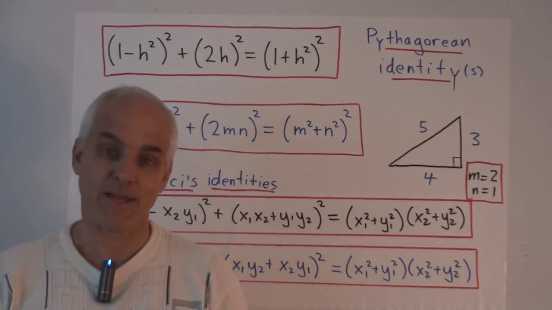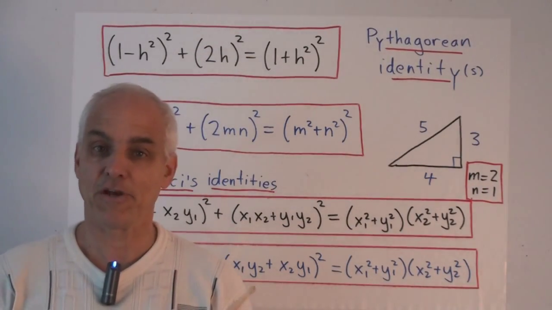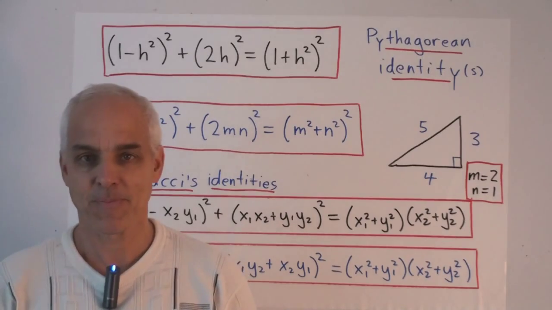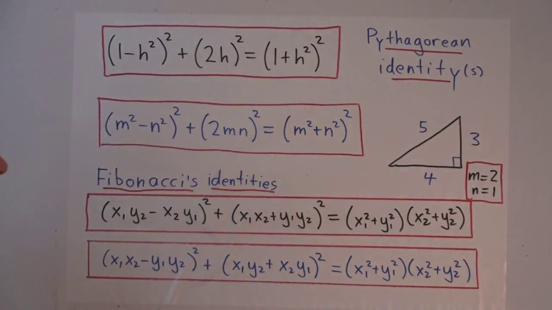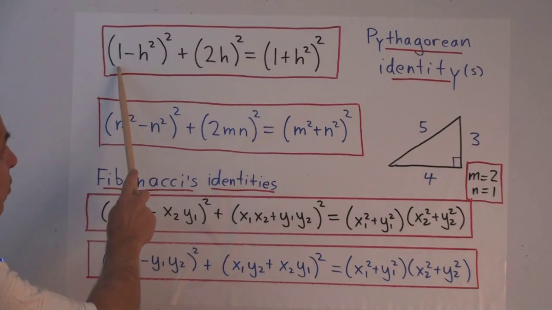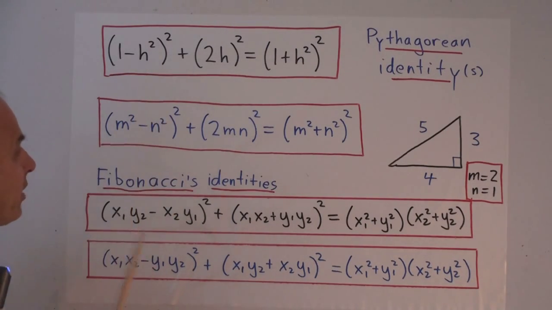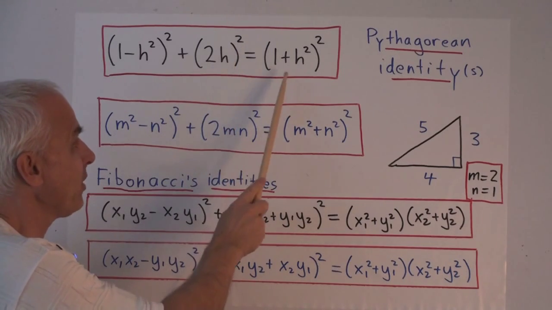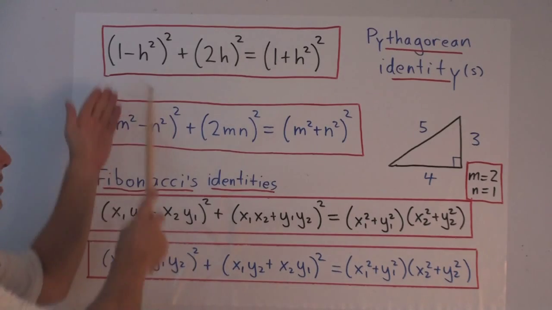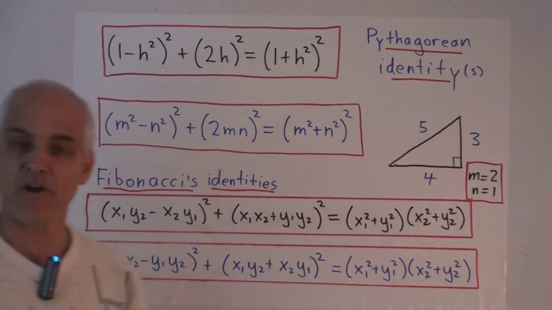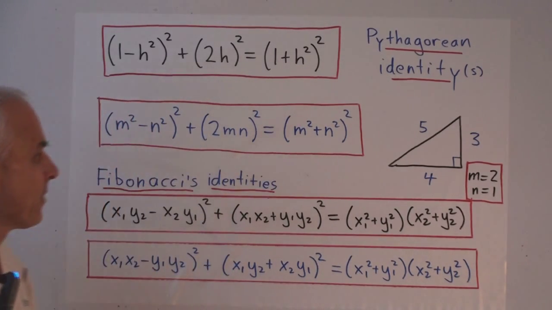Here are two special identities that play a particularly important role in geometry. The first one we could call the Pythagorean identity. And here's the simple form, that (1 minus h squared) all squared plus (2h) all squared equals (1 plus h squared) squared. And I've decided to use h instead of some other variable for pretty good reason.